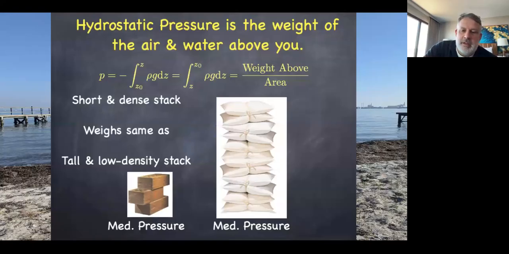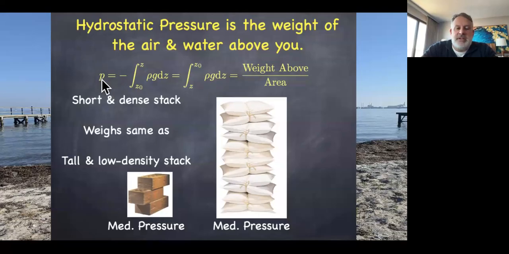Okay. So when we talked about hydrostatic pressure, the hydrostatic pressure is the weight of the air and water above you. We're not worrying too much about the variations in the weight of the air above us because we're talking about multiple meters of sea level rise, which is big compared to the atmospheric high and low patterns in terms of the pressure that it represents.